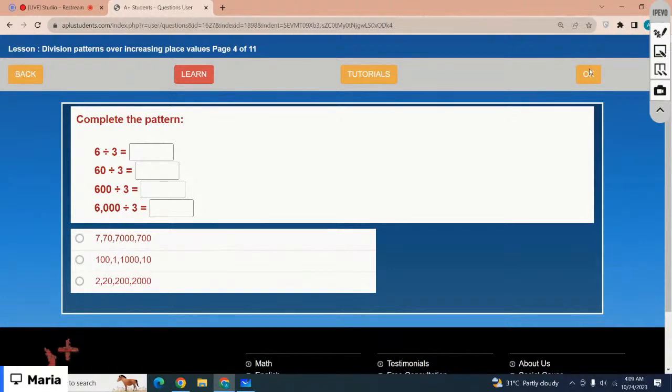6 divided by 3 equals missing number, 60 divided by 3, 600 divided by 3, and 6000 divided by 3.